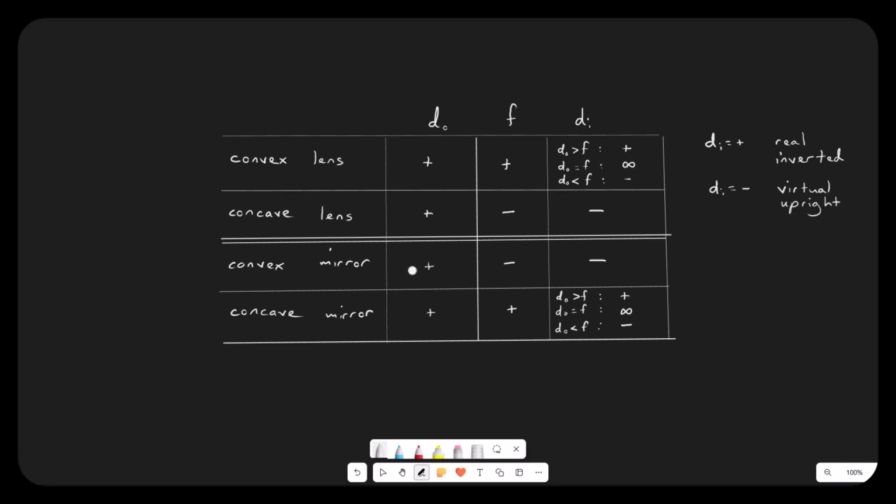And all of this just plugs into my lens equation, or a mirror equation if it's a mirror that's in front of me. That's it. That's lenses and mirrors summarized and done mathematically.